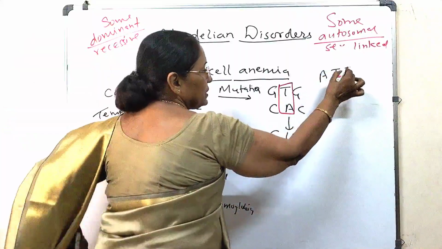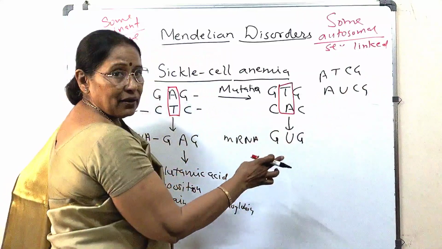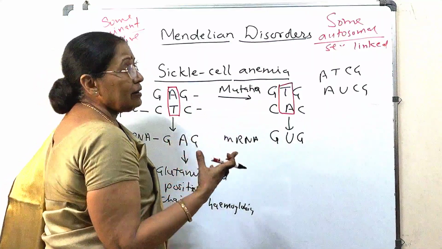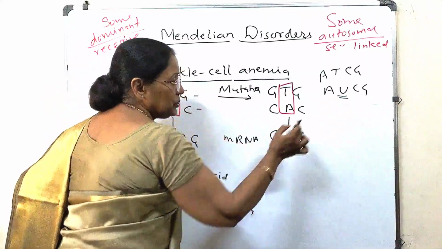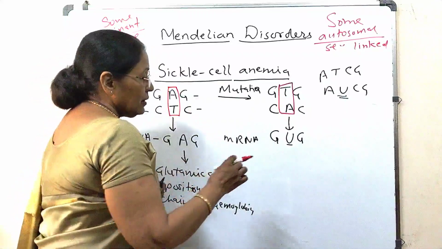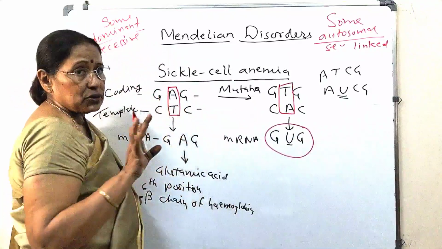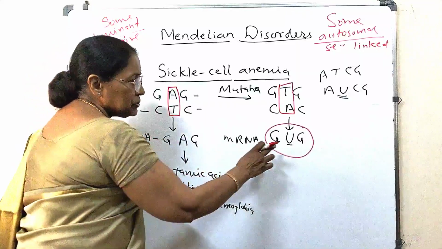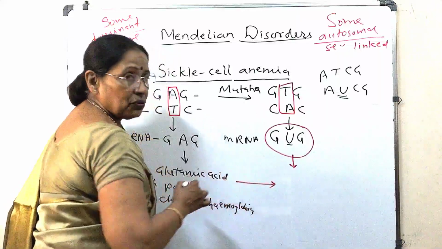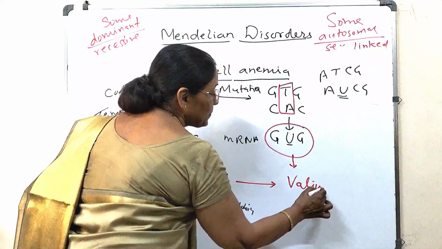So when A has to pair with T in DNA, but there is no T in mRNA, then it pairs with U. So here in place of T it is U. And this one, the codon on mRNA is called a codon; what is on DNA is not called a codon. And remember, this codon is a wrong codon which now in place of glutamic acid seats a villain, that villain is the amino acid valine.